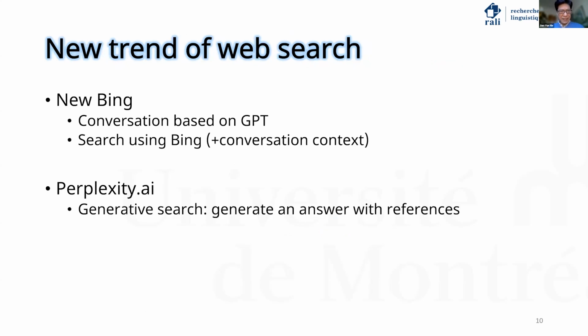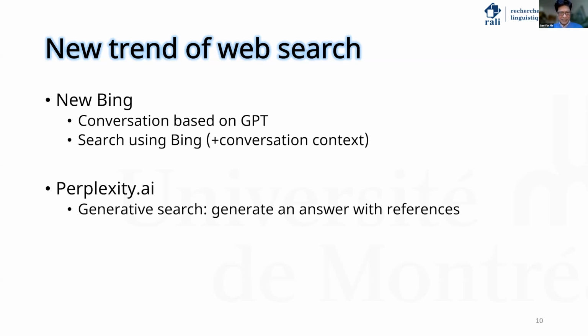Now, this rewriting in the conversation setting is not new now because we have the large language models already developed for some years. And we started to have this new trend of web search trying to incorporate generative AI. For example, we have a new Bing that will use GPT, but together with the Bing search.